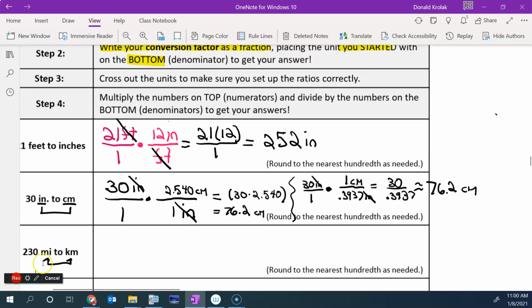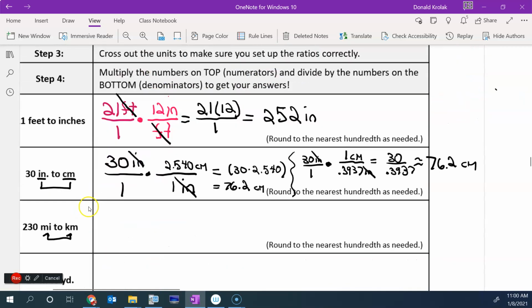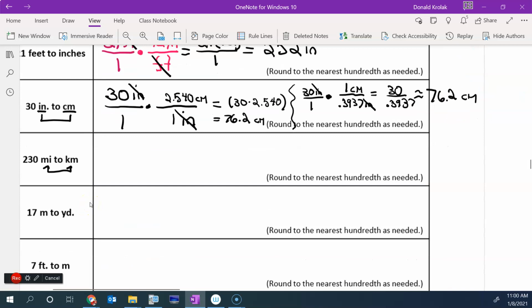So miles to kilometers, miles to kilometers. As long as when we do this one, we got miles on the top, so I know I want to have miles on the bottom.